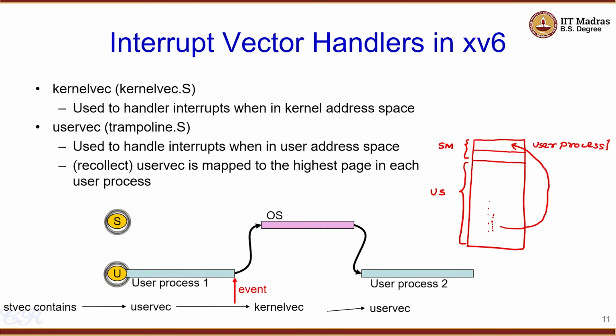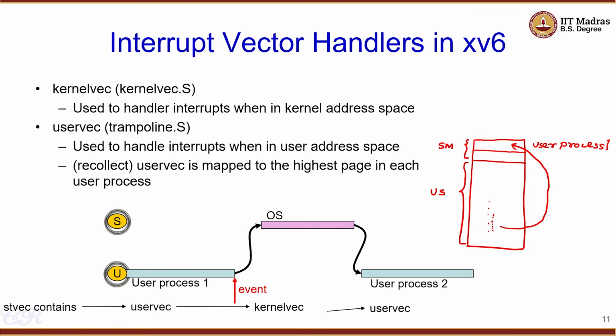This is set in the Stvec register. So, when the event occurred, while the processor switches from user mode to supervisor mode, it looks into the Stvec register and loads its contents into the program counter. So the processor goes into the supervisor mode, and the instructions corresponding to the Stvec are going to be executed.